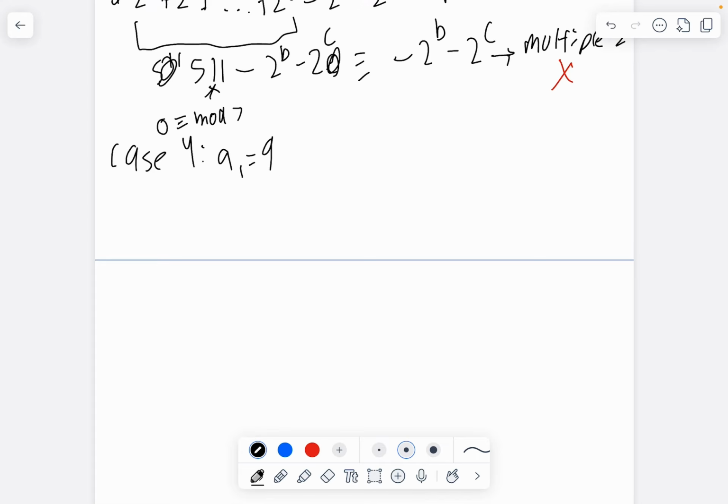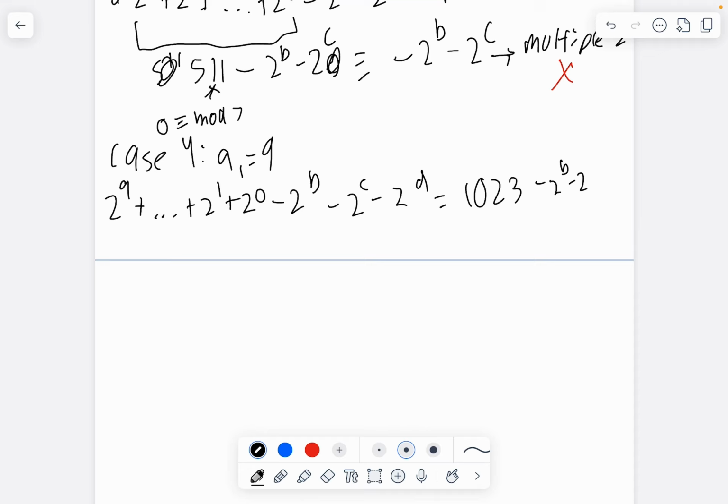So now to account for all the digits which we previously added, we do this plus 2^1 plus 2^0. Now we have to subtract digits as we've been doing earlier: minus 2^b, minus 2^c, minus 2^d, which is equal to 1023 minus 2^b minus 2^c minus 2^d.